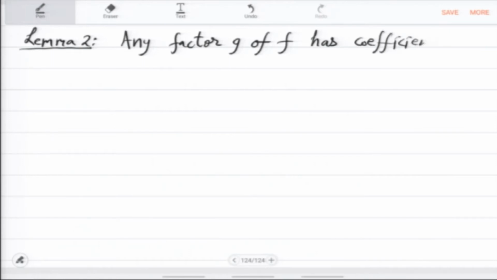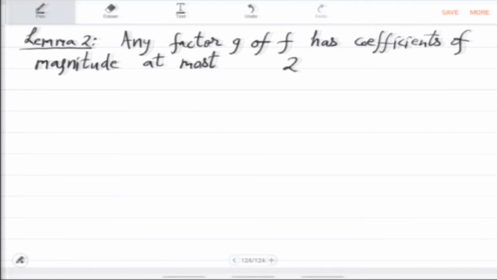Any factor g of f has coefficients of magnitude at most 2 raised to (L plus log n minus 1) times n.